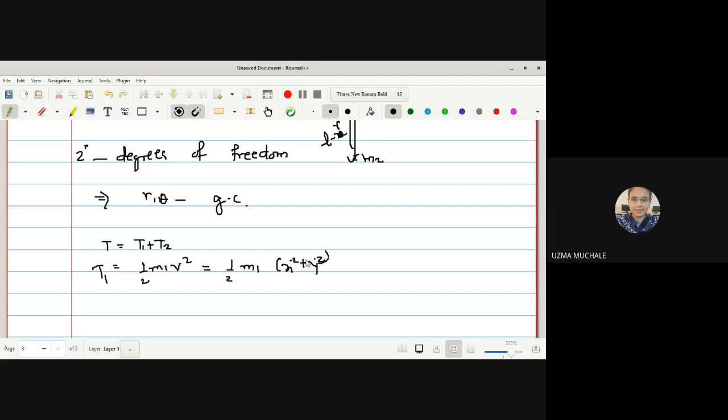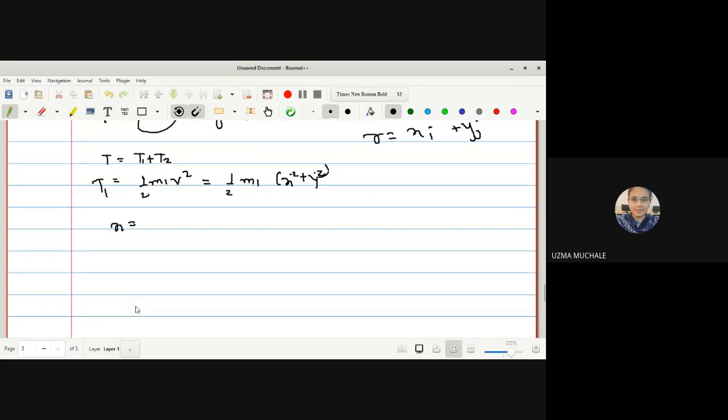Now, if you remember, r is a position vector, we can write it as xi plus yj. Here we have considered r and theta as generalized coordinates. So what is the relation between the generalized coordinates and the Cartesian coordinates? x is equal to r cos theta and y is equal to r sin theta.